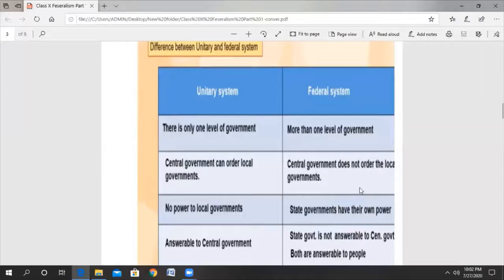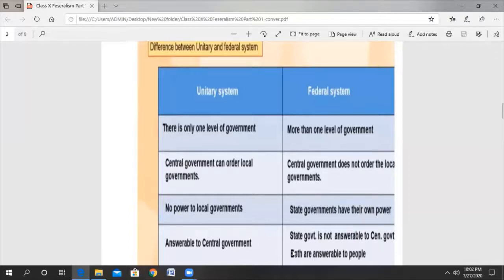Whereas in the federal form of government, the central government does not have absolute power over the states.